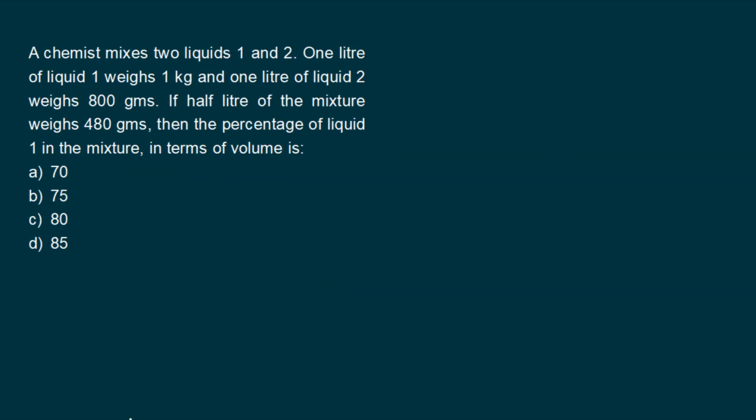Interesting sum in the sense that volume and mass both are involved in this particular mixture sum. A chemist mixes two liquids 1 and 2. 1 liter of liquid 1 weighs 1 kg, and 1 liter of liquid 2 weighs only 800 grams.